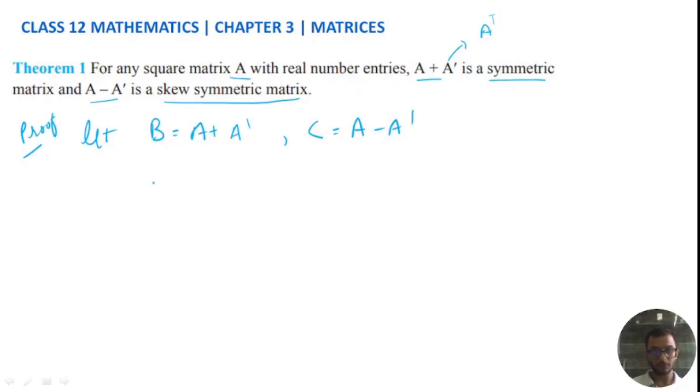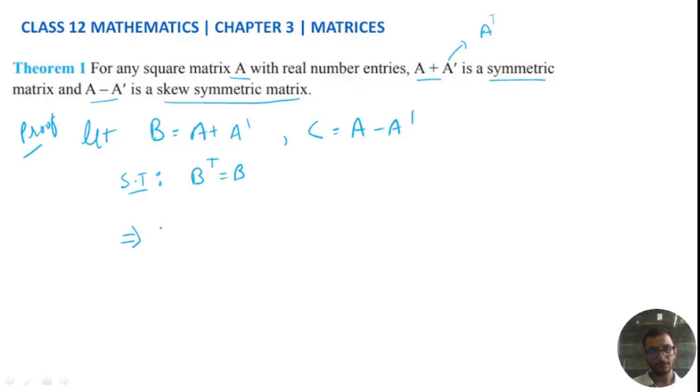So for that, we need to show that B is symmetric. We say B is symmetric if we get B transpose equals B. So we need to show B transpose equals B. So you tell me what will be B transpose.